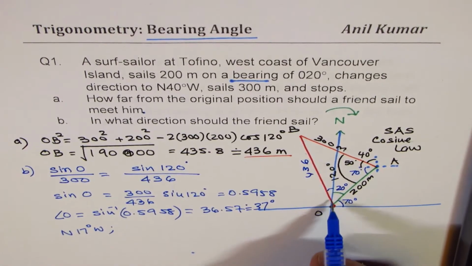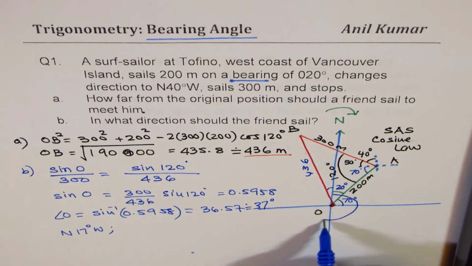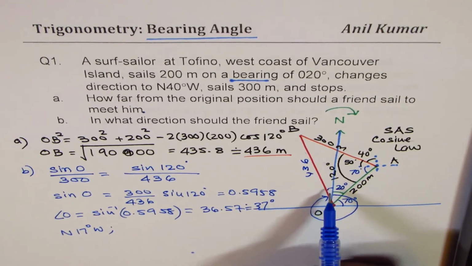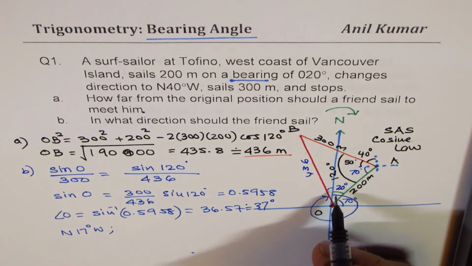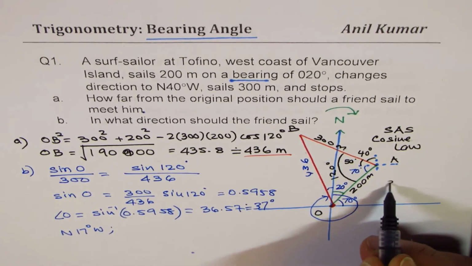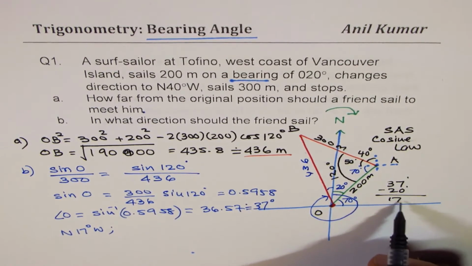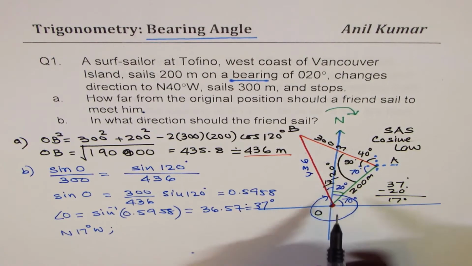The other way could be, we could write this angle as a bearing angle. So that angle really is, let me write it down. It is 37 minus 20 degrees, which is 17 degrees. So that is 17, correct?